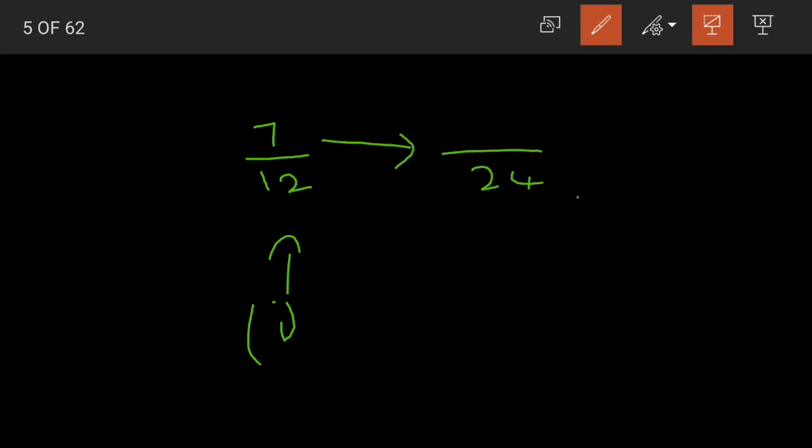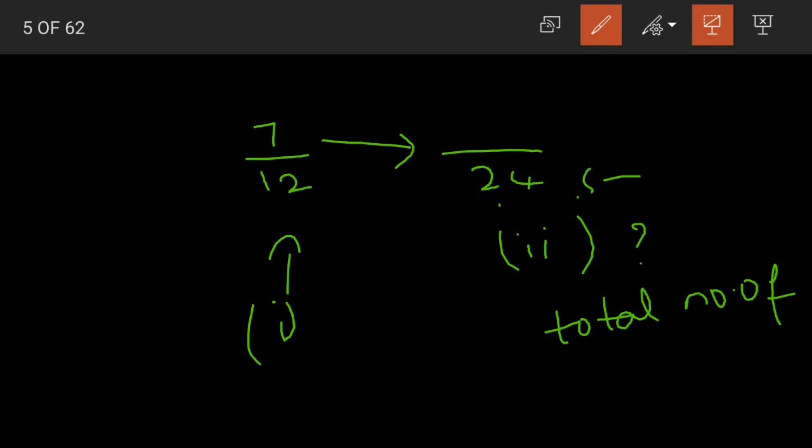Now we already know the denominator here is 24 for figure 2. How? Because the total number of parts it is divided into is 24. So that 24 becomes our denominator.